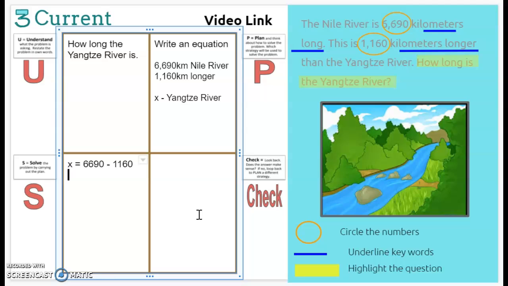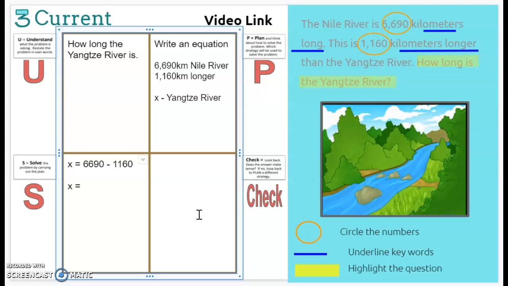Okay, so my x equals the Yangtze River is what we're trying to figure out. So that's right here. And then we know that the Nile River is this long, and it's 1,160 kilometers longer than that river. So in order to figure out what my x is, I need to subtract those from each other. Okay, so because we've already isolated our variable, it's all on one side, we don't really need to do an inverse operation, we just need to do the operation.